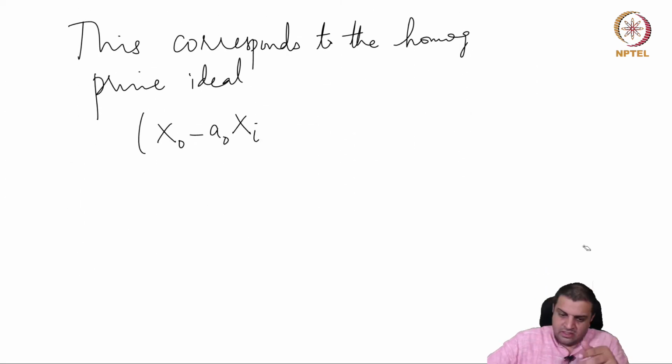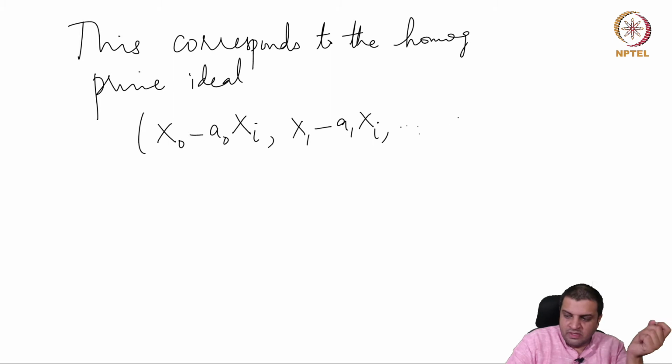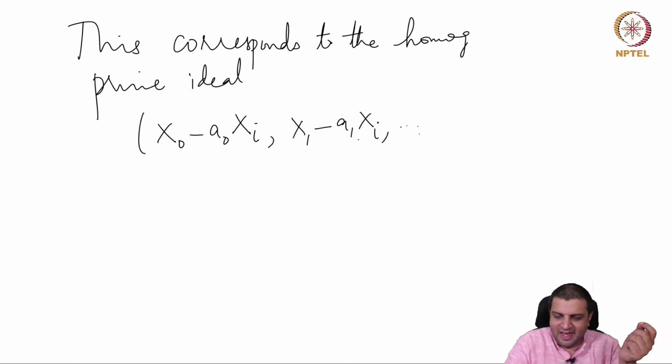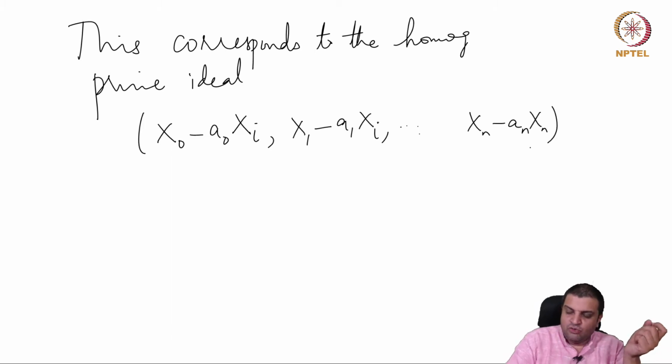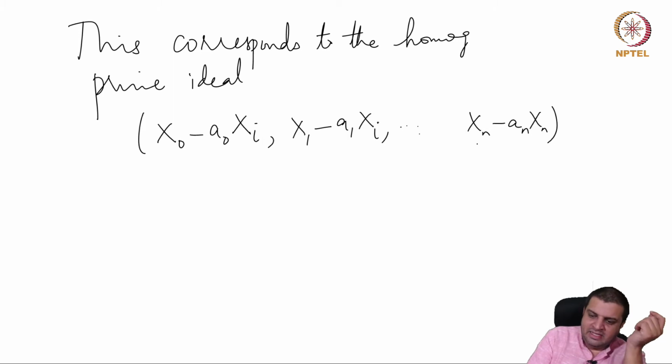So that back in S would be this relation. And then x1 minus a1 xi and so on. There will be no relation indexed by i inside here. And then finally xn minus an xi. There is no ai, so this still has only n terms in it, not n plus 1. And so this is a prime ideal that one can check.